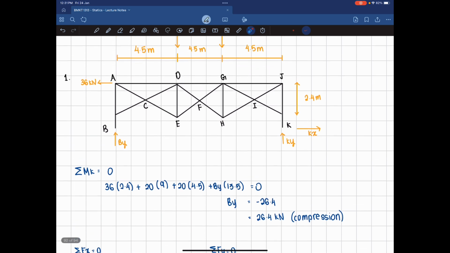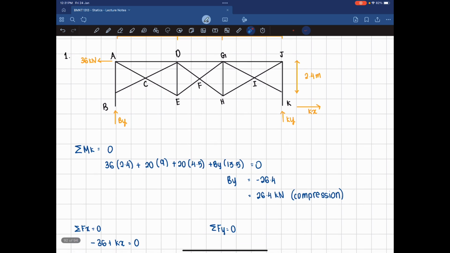From this free body diagram, we know that point K has more than one unknown, so we will use the equations of equilibrium: sum of Fx equals 0, sum of Fy equals 0, and sum of moment also equals 0.